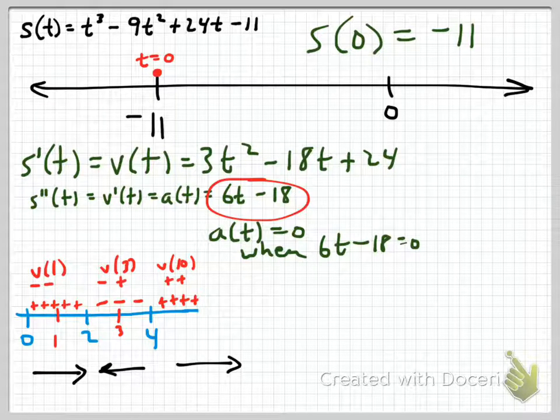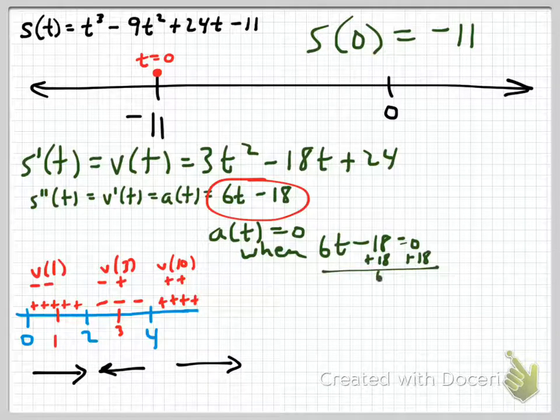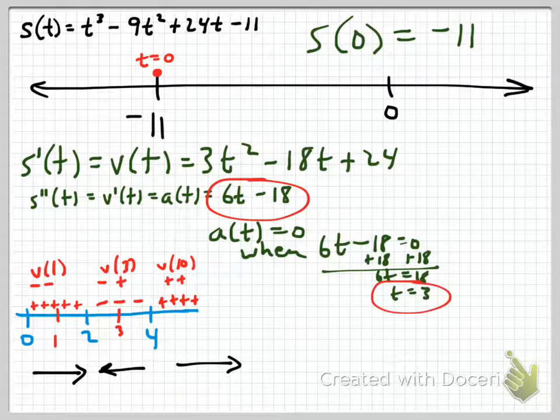In other words, add 18 to both sides, and then divide both sides by 6, which gives us that t is equal to 3. Okay, so at t equals 3, we see that the acceleration is equal to 0.